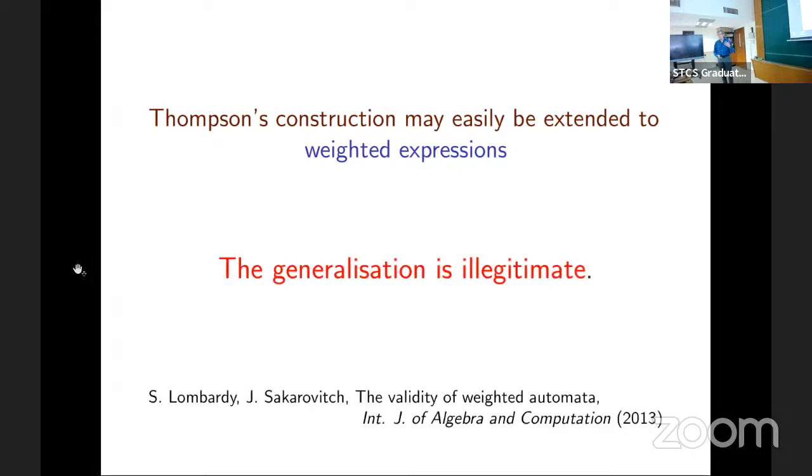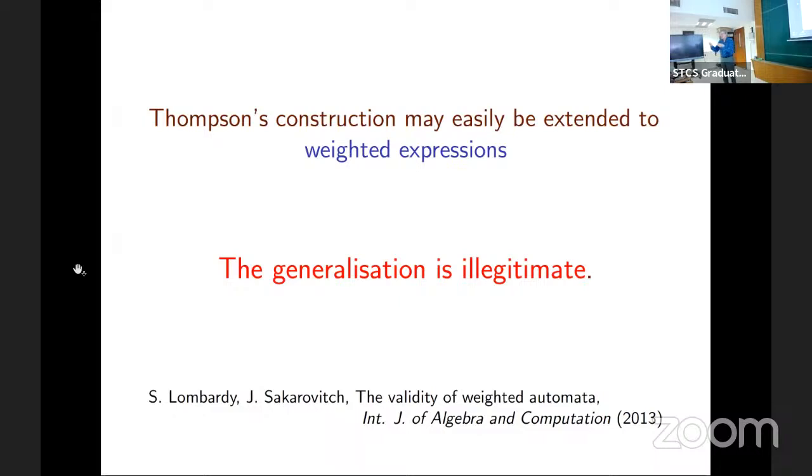And the point is, well, it's easy. A weighted expression means that on top of the sum, product, and star, you have multiplication on the left and on the right by a coefficient. There are several ways, but I prefer that for every element of the weight semiring, you add an operator that multiplies on the left or on the right.